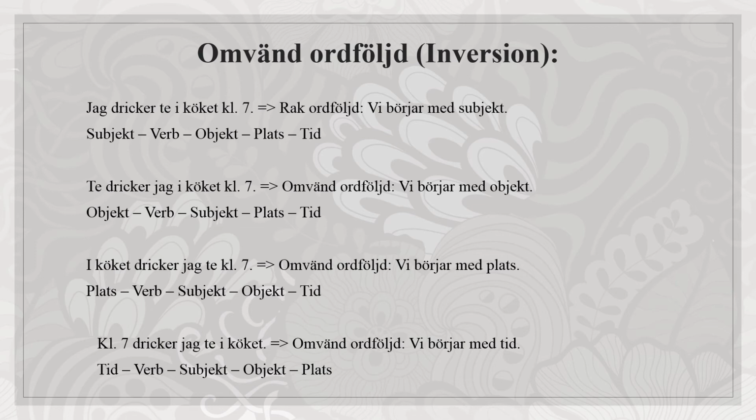Vi börjar med tid. We started this sentence with time. So tid, verb, subjekt, objekt, plats. So this is the format when we start the sentence with the time, that is tid, verb, subjekt, objekt and plats.